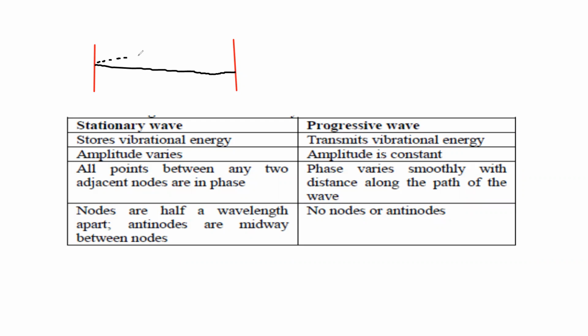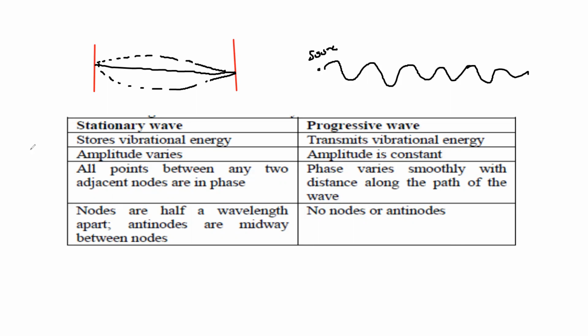When the wave is trapped, it cannot go from this region to another, so it stores the vibrational energy; the vibration energy stays there. But in a progressive wave, from the source, the energy travels from one place to another.